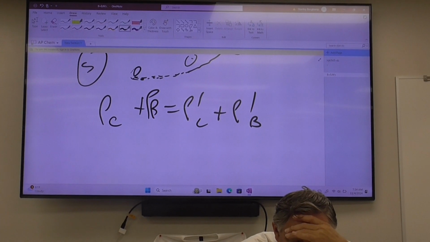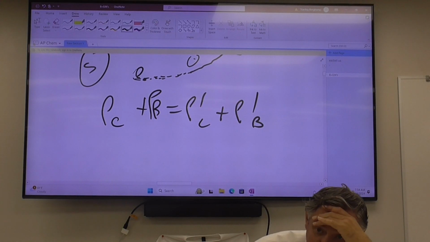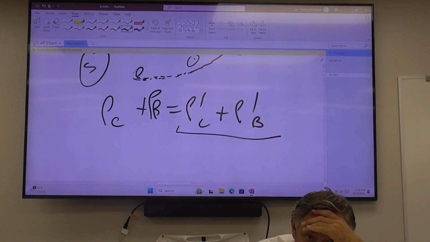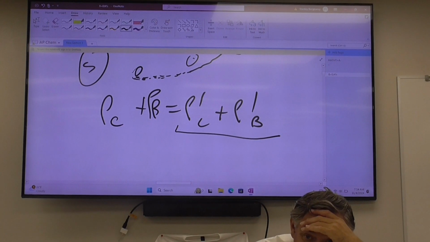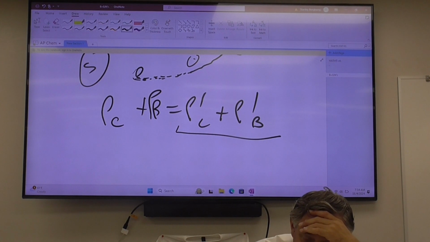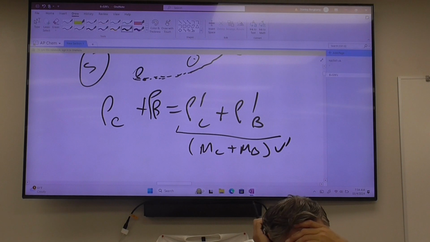So they stick, right? It's a collision problem. So what can you do over here? Take the factor out and divide. That new velocity would be the mass of the clay plus the mass of the block times V prime.